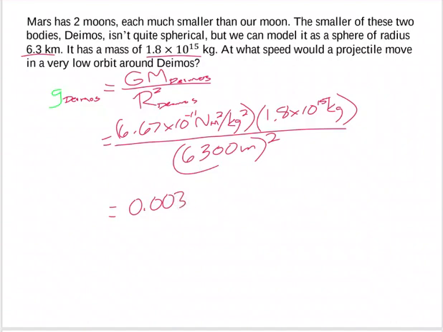0.003. What are the units? One of the meters is gone, one of them stays. You still have newtons and kilograms. Remember, newtons here is really kilograms meters per second squared.